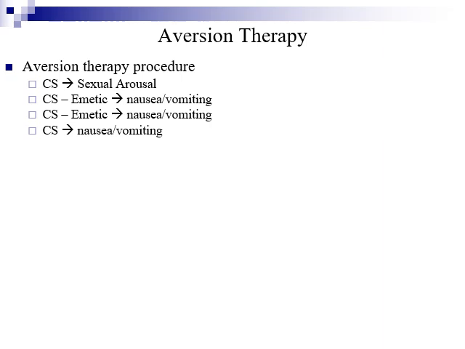So those images are, instead of being paired with sexual arousal, paired with an emetic, a drug that induces nausea and vomiting. So we take the pictures, the client sees the picture and then is made sick. And by continuing to pair images with being sick, eventually those images will produce the nausea and vomiting on their own.